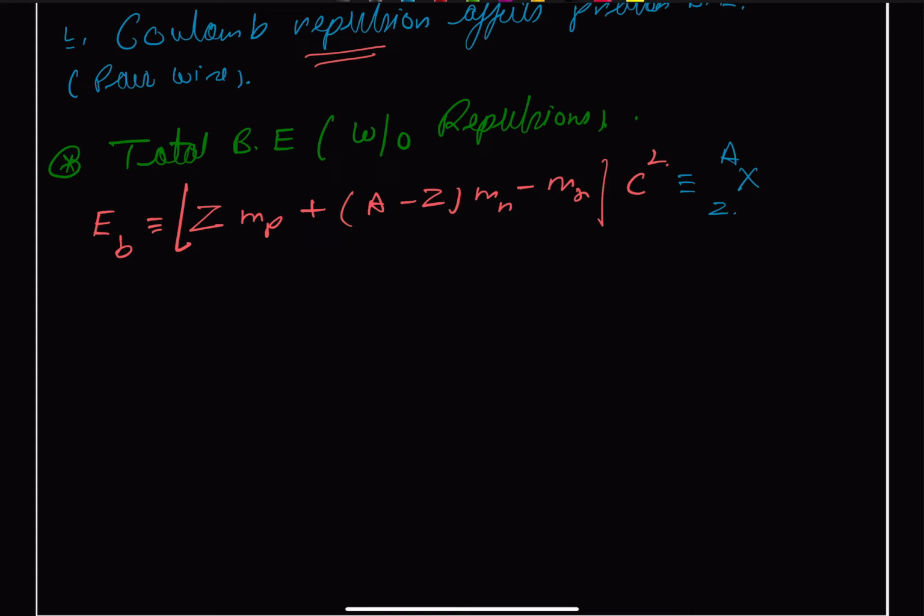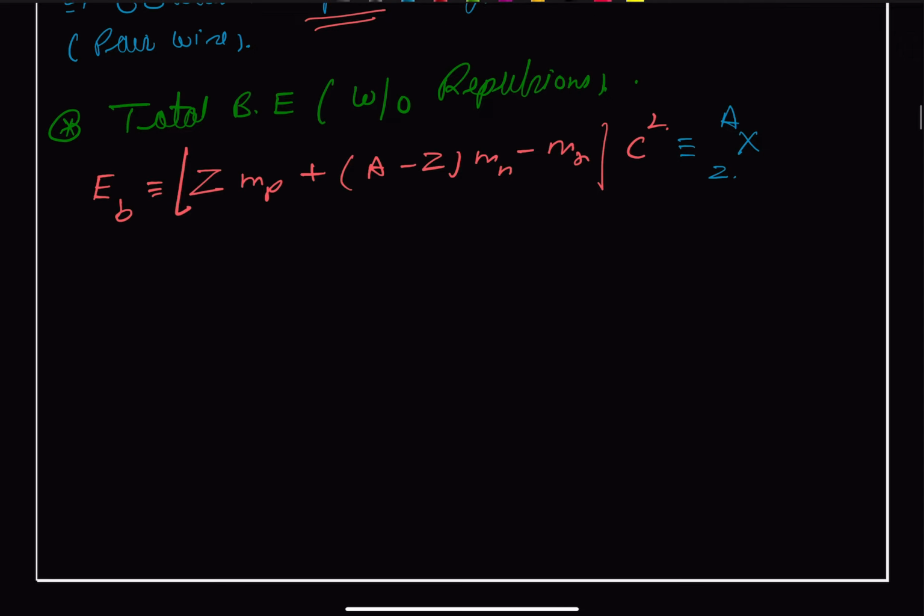Now let us consider the repulsion. So we can say that for repulsion, the number of proton pairs can be written as ZC2.